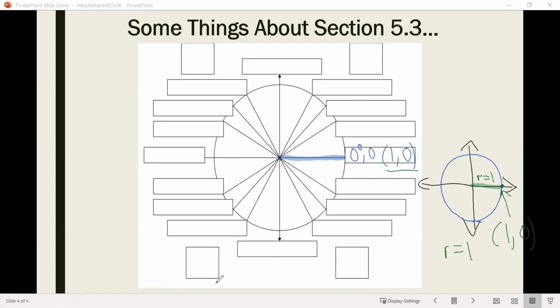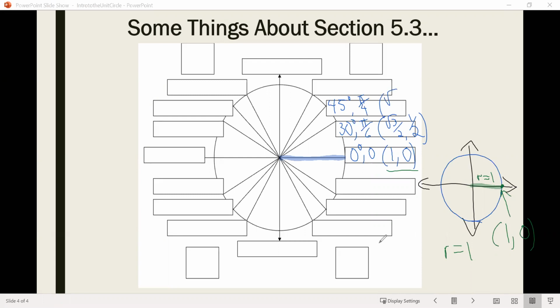And then we can go around filling in the other values from that table in order. So the next one was 30 degrees, which was pi over 6 radians. Recall again the cosine there was root 3 over 2, and the sine was 1/2. And then the next one we have is 45 degrees, which is pi over 4.